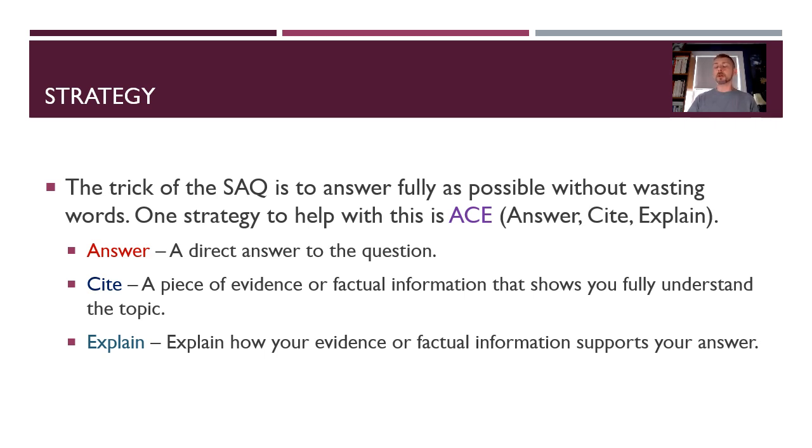Sometimes we assume when we write that if I've given you the answer, I've explained it, and that's enough. But you need to show how that evidence or factual information supports your answer. So go to the extra step of actually explaining how what you're saying supports your answer to the question. And sometimes explain seems a little redundant, like, why am I doing this? The answer is obvious. Well, it's not obvious.